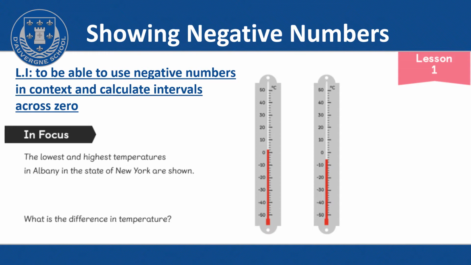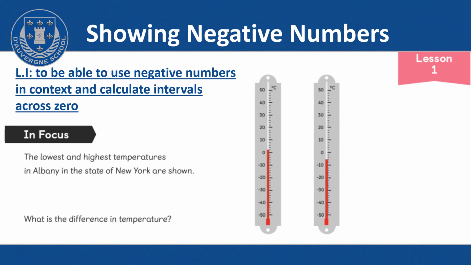Okay, so I can see then that the thermometer on the left hand side is showing a temperature of 2 degrees Celsius because it's on the interval above the 0, and we know that each of those intervals are worth 2. So that's telling me it's 2 degrees Celsius.